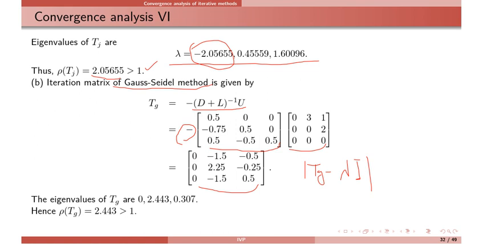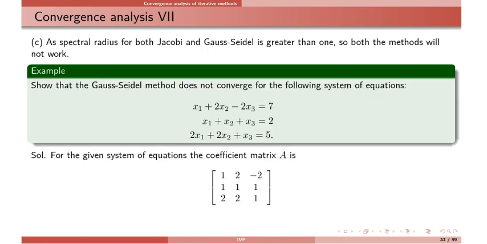The eigenvalues are 0, 2.44, 0.307, and the bigger one is 2.44, which is also greater than 1. So you can say that the Gauss-Seidel method will not work as the spectral radius is bigger than 1. Finally, you can conclude that both methods will not work for this problem.